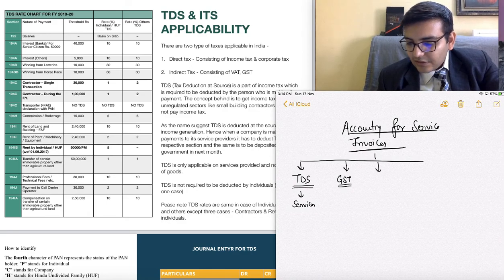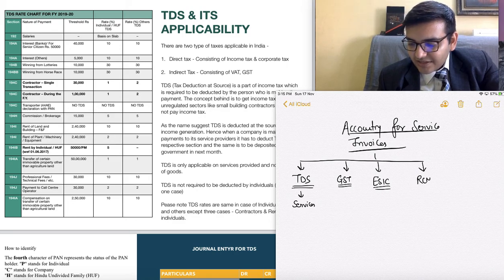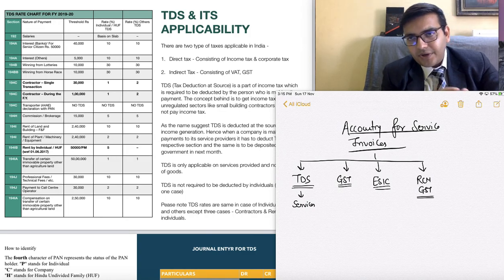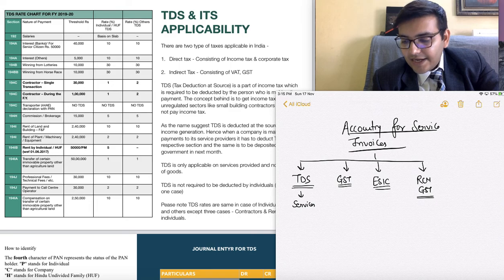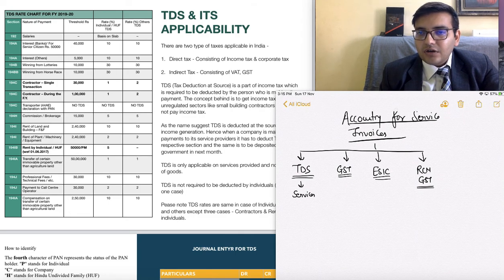Then ESIC is applicable, and I would take reverse charge mechanism under GST as separate, because it is a separate topic which we need to discuss. I think these are the most important things which we have to discuss on accounting of services.